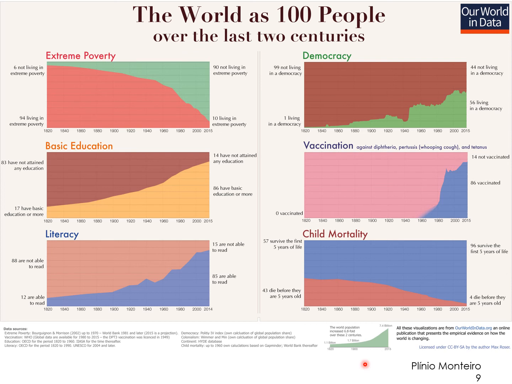So basically, we improved the conditions of life in such a way that we have many more people living in much better conditions than 200 years ago. If you look at all these things together, we can see that something happened in the last 200 years that created the increase in these conditions of life.